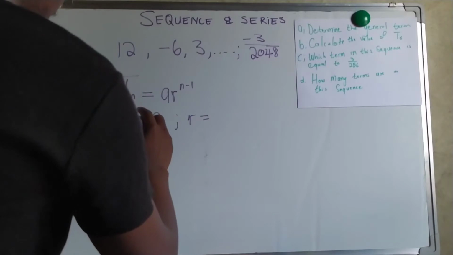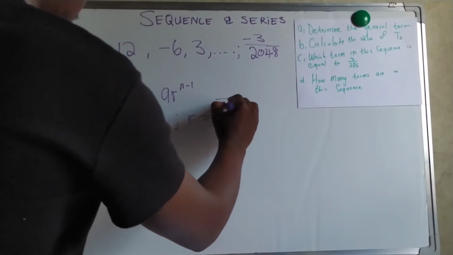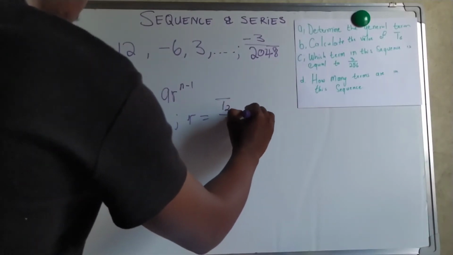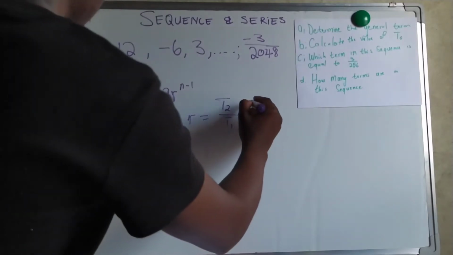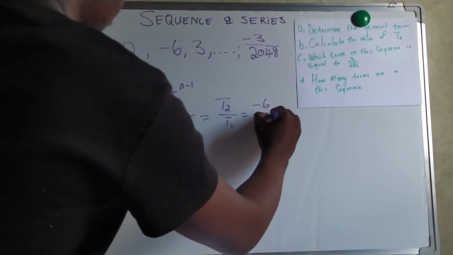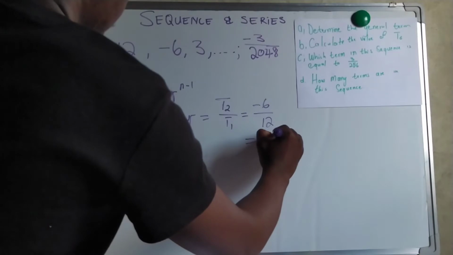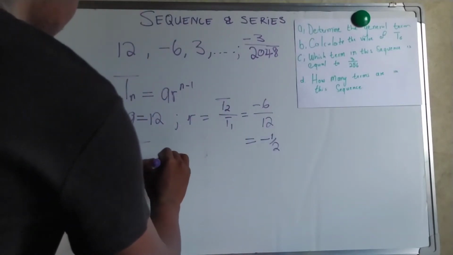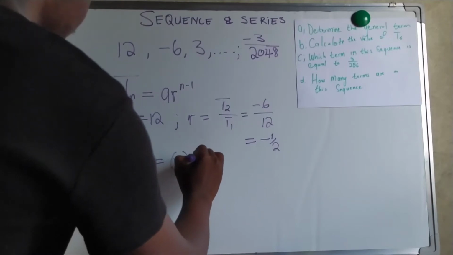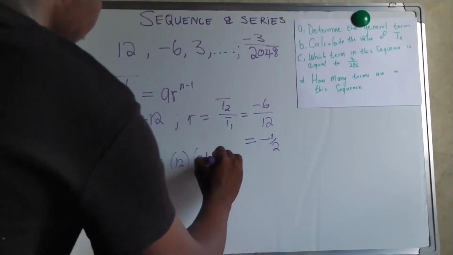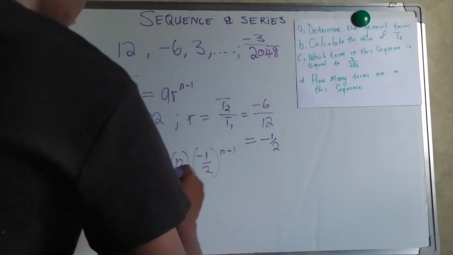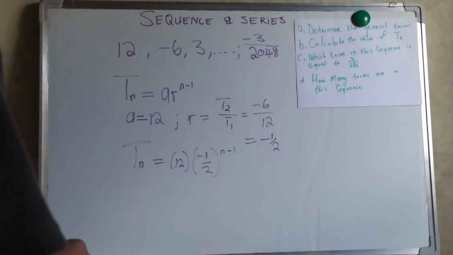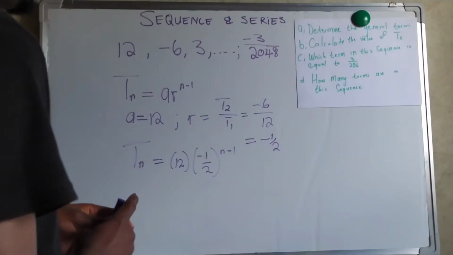R is equal to how much? We're going to say T2 over T1, which is equal to minus 6 over 12, and this is equal to negative half. So our general term we will express as 12 times negative half to the exponent n minus 1. So this is the first question solved.